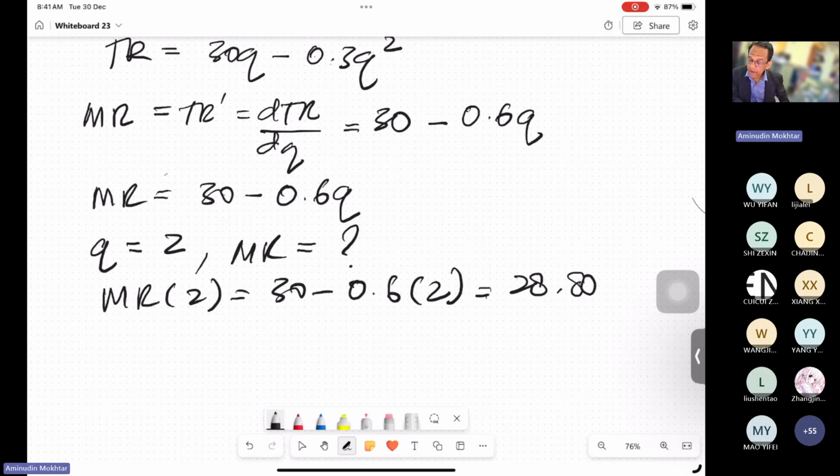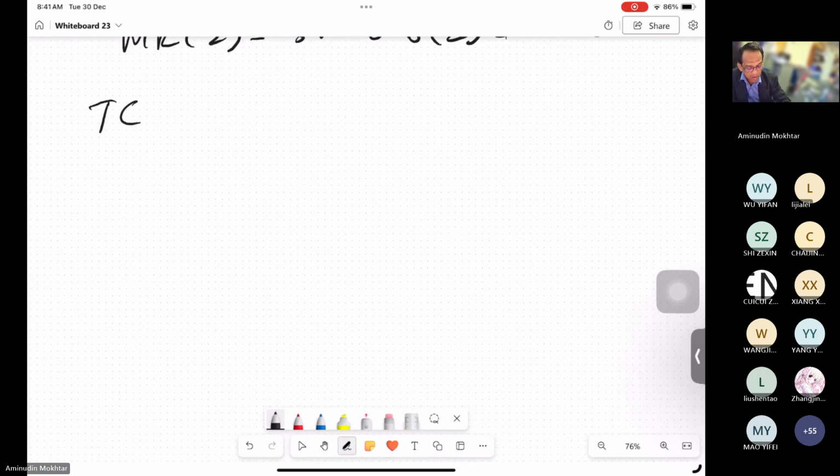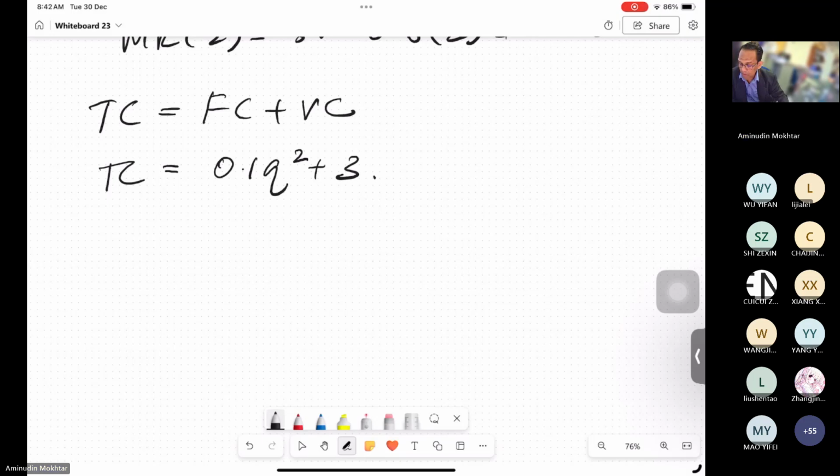The next one, let's say we have total cost. What is the total cost? Again, total cost equals fixed cost plus variable cost. Let's say, for example, the total cost equals 0.1Q squared plus 3.